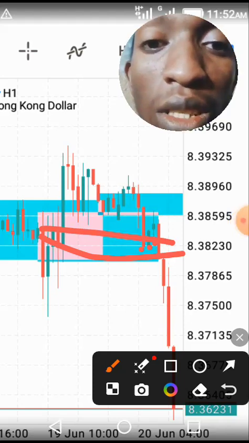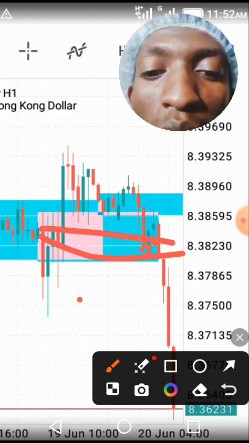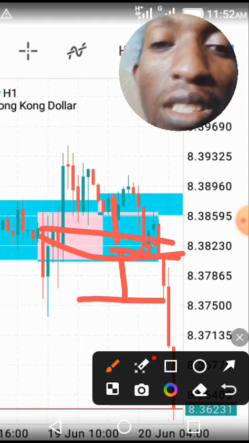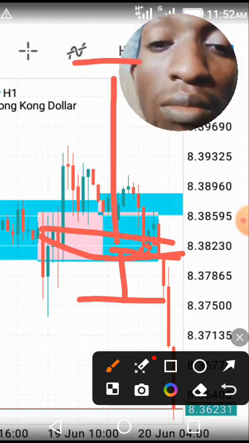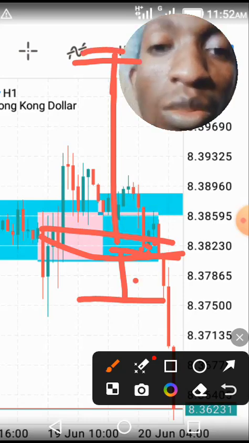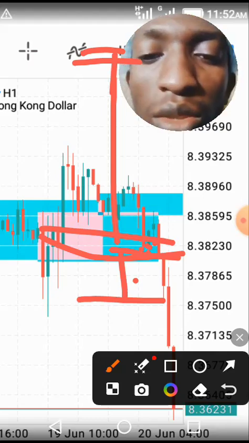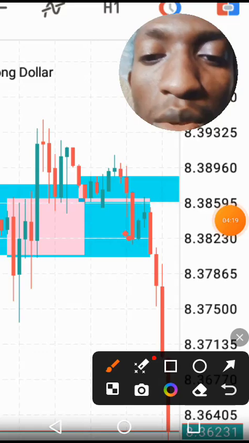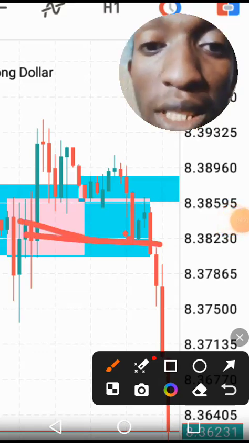So stop loss still down there. That's my entry, this is my risk, this is reward. I would have bought that one because the criteria are met.